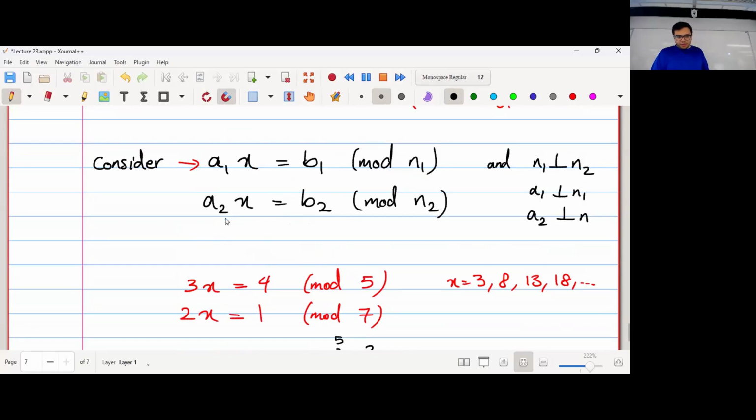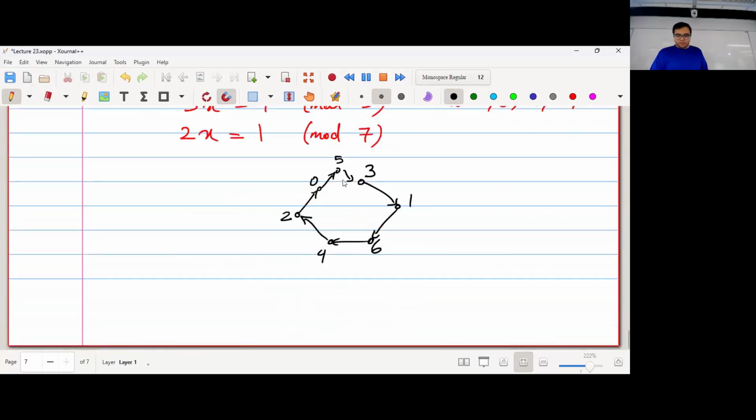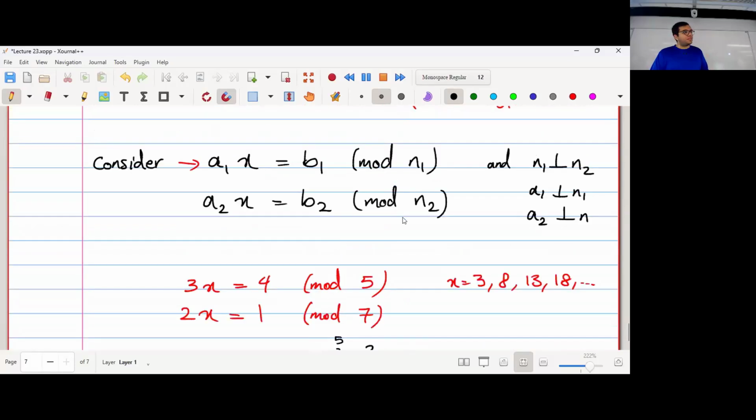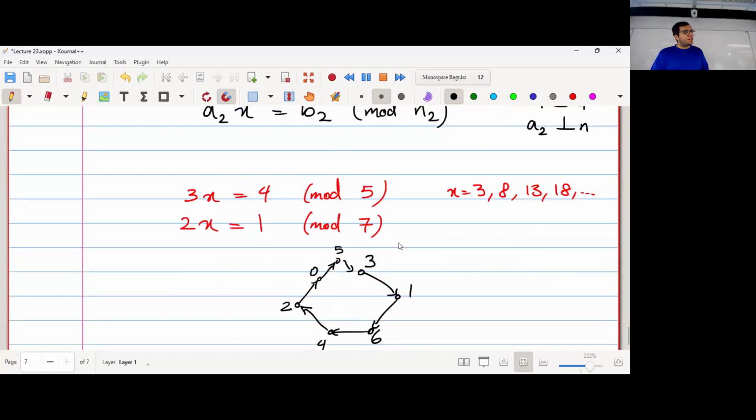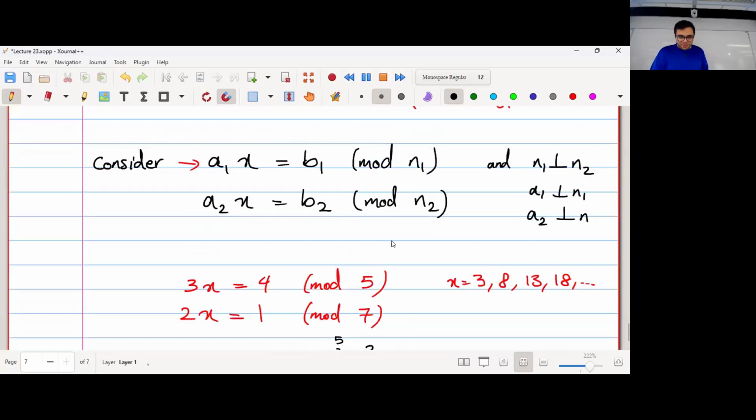Yes, well, but I want to say that I have a unique X, right? So the X here is unique modulo N2. But I don't understand your question. Ah, okay, great.